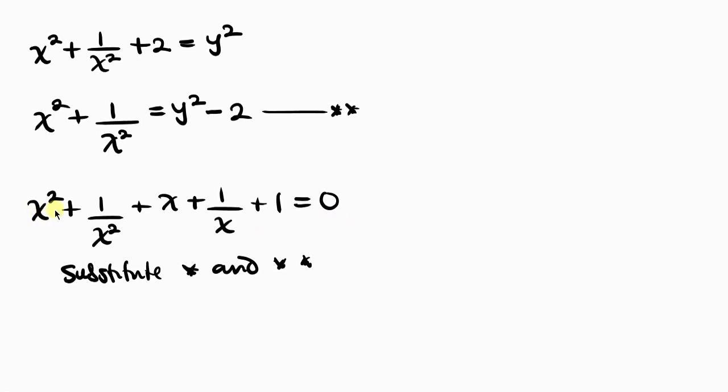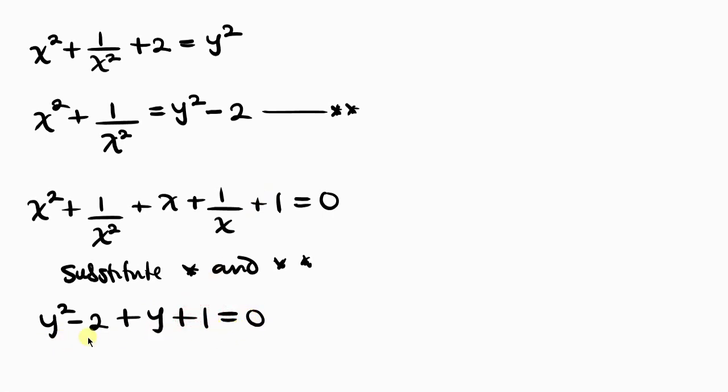So for x squared plus 1 all over x squared, we're going to be putting this, which is y squared minus 2, plus, and for x plus 1 over x, we're going to be putting y. That is it. And then plus 1 equal to 0.